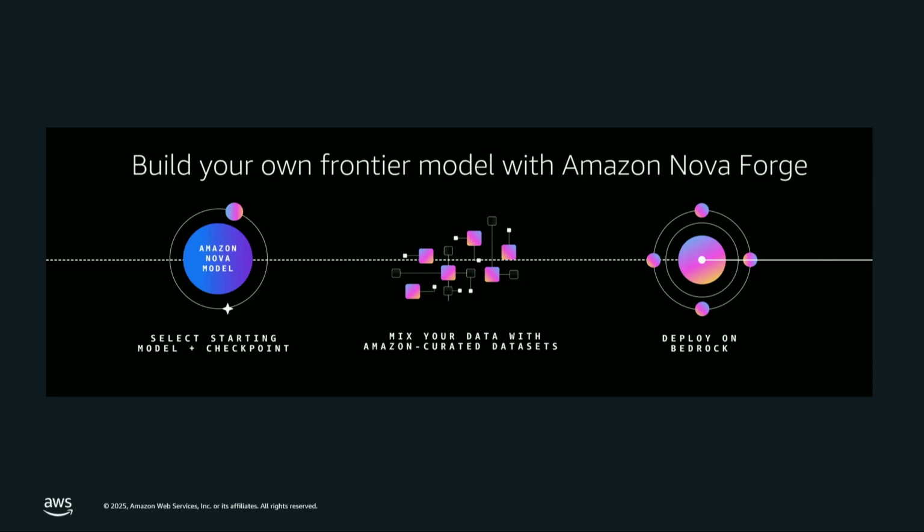But this allows you to get a mid-trained, pre-trained, or only CPT-trained checkpoint, so that you can start from various other checkpoints as well. Apart from checkpoints, we also added Nova data, which means that you can mix Nova data with your data when you are training. There have been scientific evidences that show that when you do a mix-in between your data and the data of the LLM that it has seen when it was training, it increases the learning capability of the model.